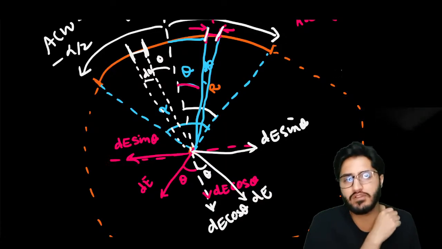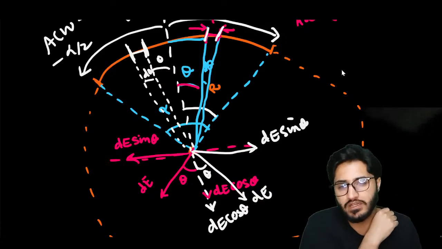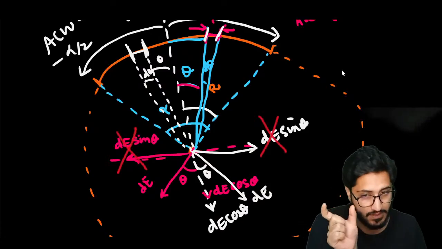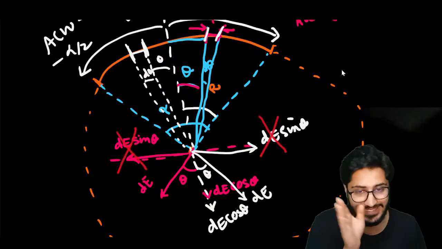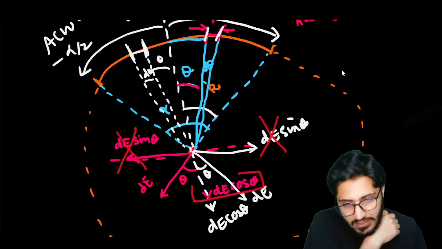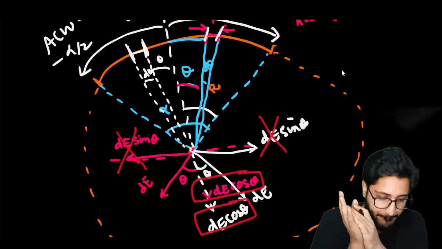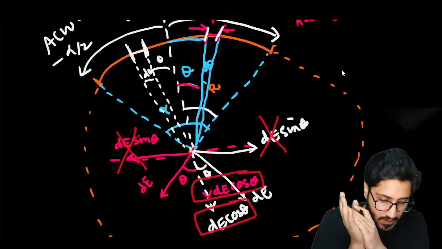What will happen now? You can see from this figure, dE sin theta and dE sin theta are both equal but opposite, so they will cancel their effect. Now dE cos theta and dE cos theta, we need to add them, two vectors in one direction.